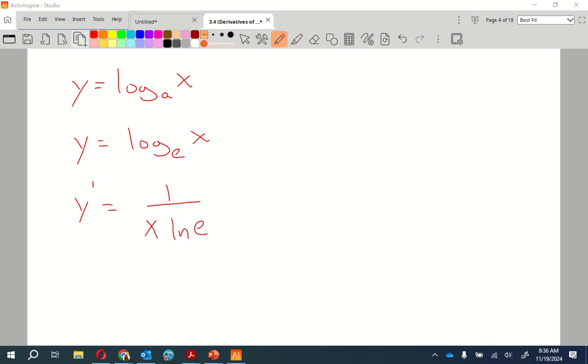The ln of e actually just goes away because it's 1 times x. If there was anything you were going to try and memorize, I would memorize the formula for log base a, because ln is just the same thing, but ln e cancels.